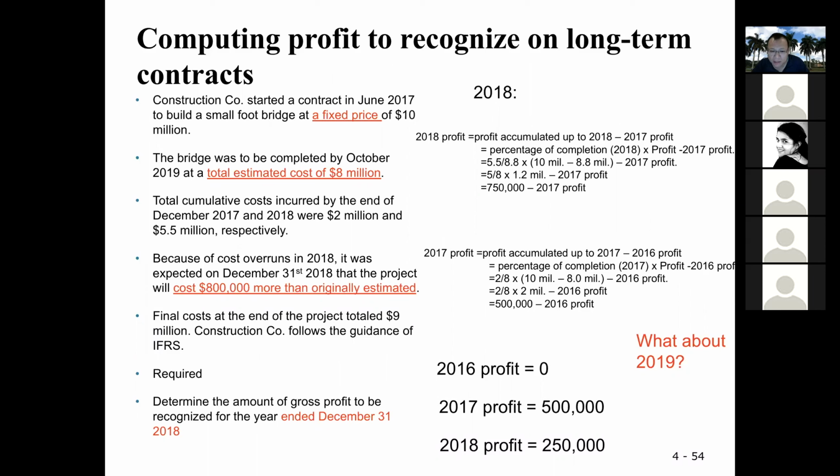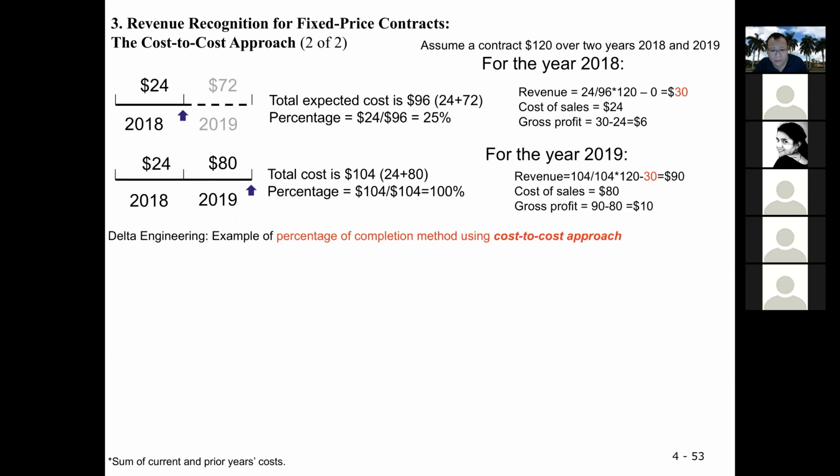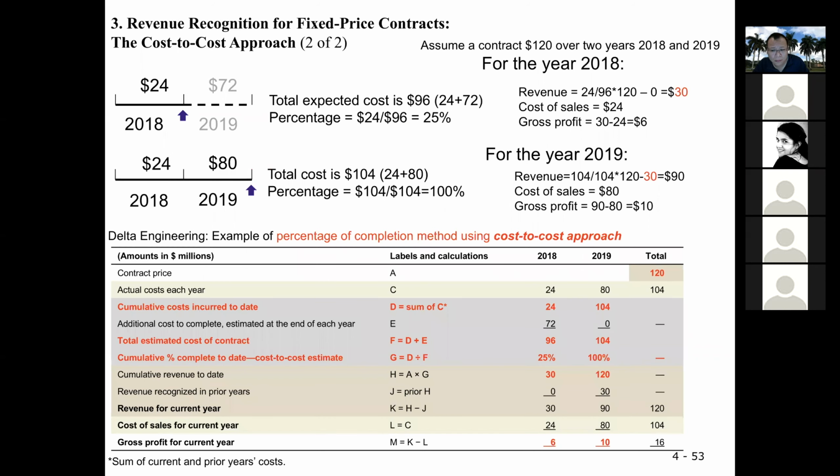I cannot complete a contract. No, you told us there was one we did, I think, percentage of completion, where you said you do not recognize profit until the end of the contract, until you've completed everything. That's when you recognize your profits. But I saw that here you recognize the profits in each year.